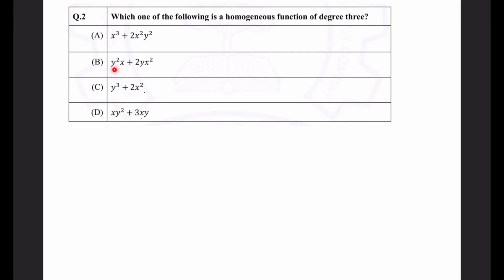Come to option B. We have y square x, so the degree is 3 for the first term, and the degree of the second term is 3. So option B is the correct one. For C, the degree of the first term is 3 and of the second term is 2, not homogeneous. In option D, the degree of the first term is 3 and of the second term is 2, so again it's not homogeneous.